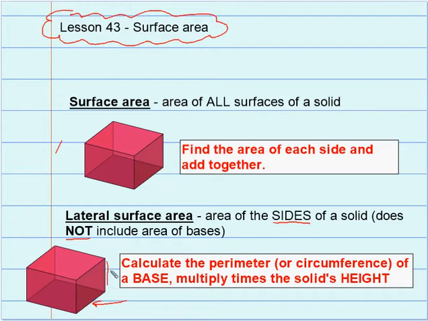So this would be height. And that will get you the surface area of your sides, your lateral surface area. So you're finding the area of like this and then back here. It can be confusing, and you'll have plenty of opportunities to do problems involving surface area and lateral surface area.